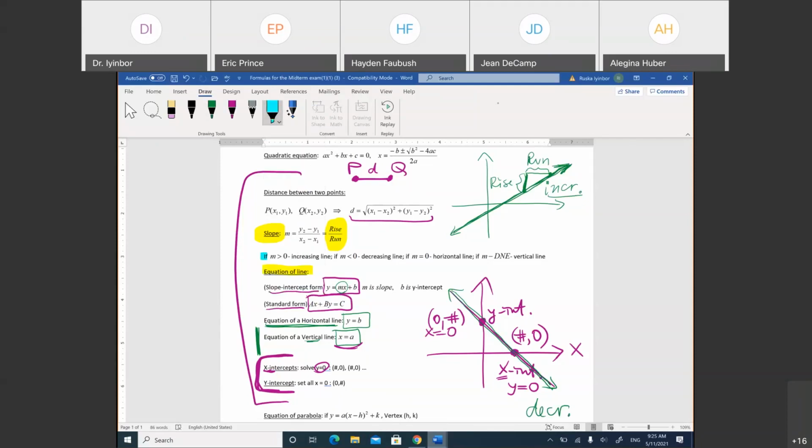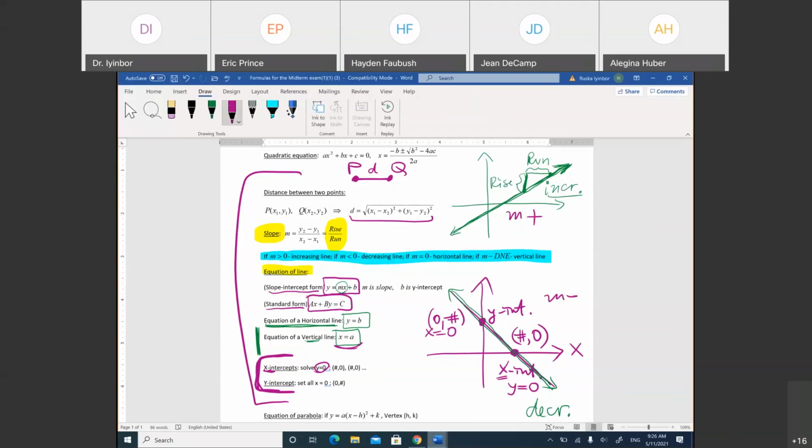M is the number for the slope. If the slope is bigger than 0, a positive slope, we have an increasing line. If the line is going up, M is a positive number. If you have a decreasing line, M is going to be a negative number.